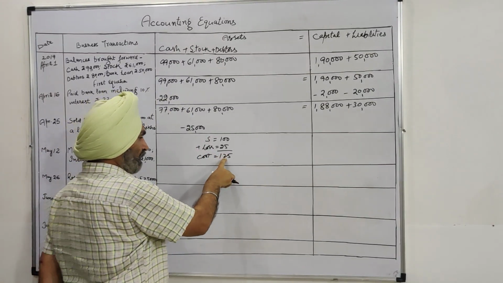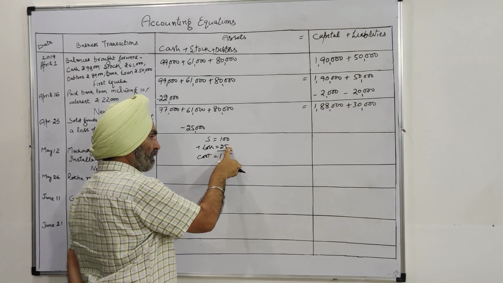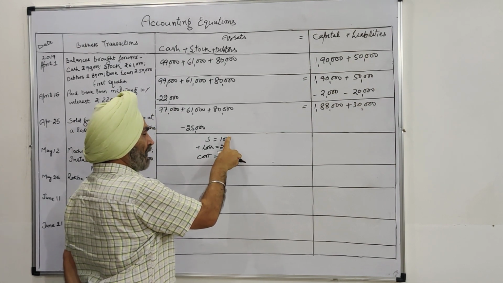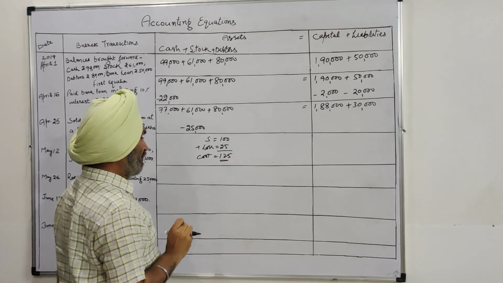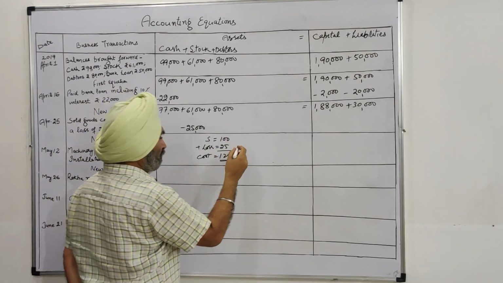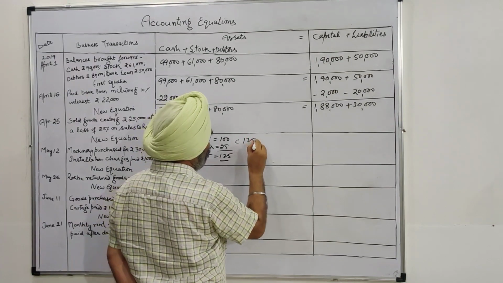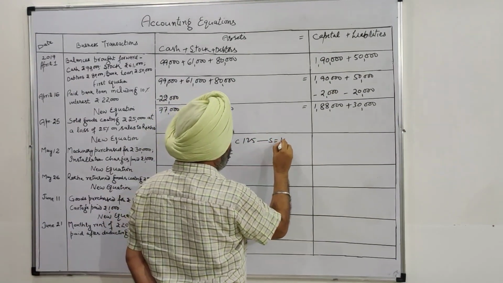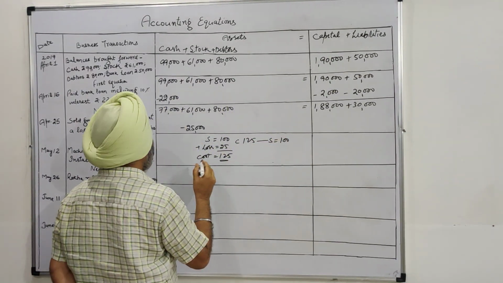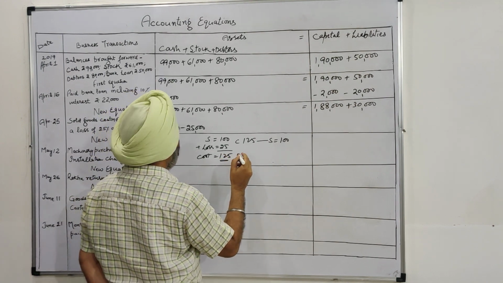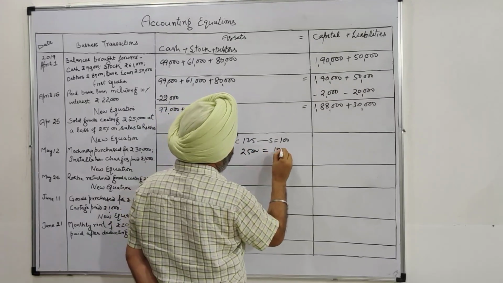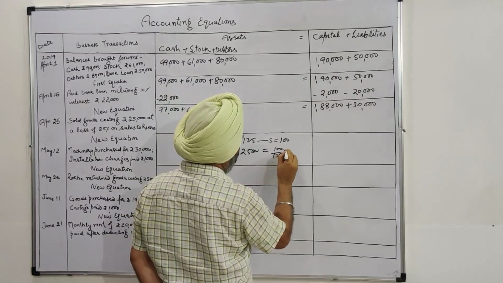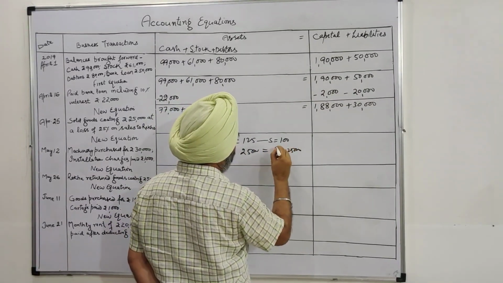So goods costing 125 are sold at a loss of 25 rupees at 100 rupees. So if cost is 125, sale price is 100, and if cost is 25,000, our sale price will be 100 upon 125 into 25,000.